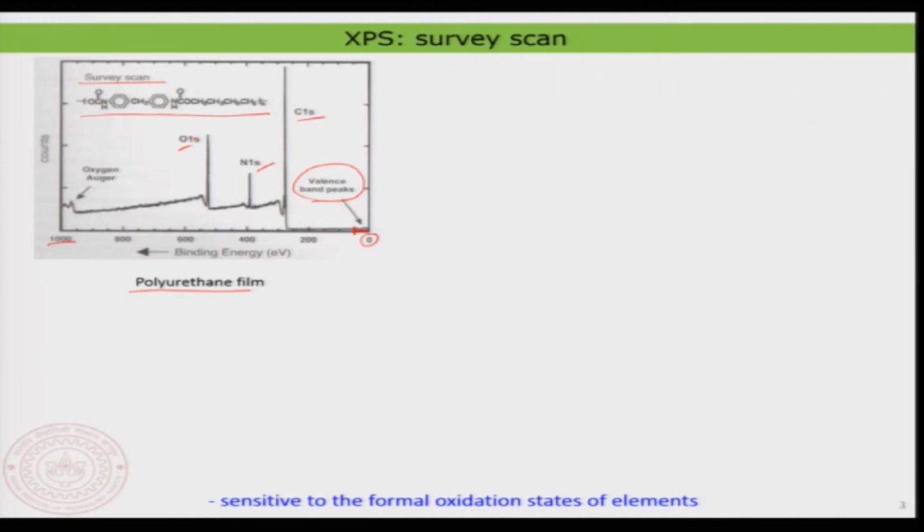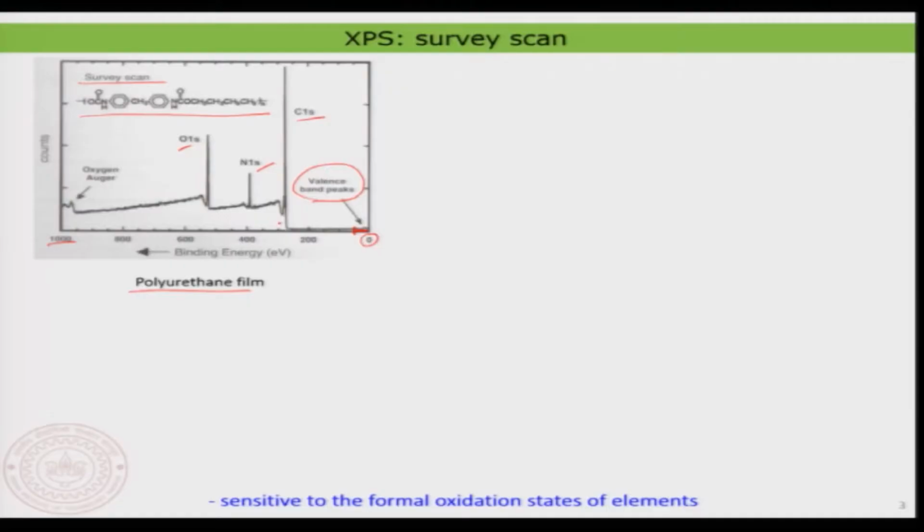But what is quite striking here is that the carbon peak is the most intense, the nitrogen is the lowest, and oxygen is of intermediate intensity. That clearly tells me that this is some kind of proportional chemical analysis. The carbon is the highest, that is what I expect, nitrogen the lowest, oxygen the intermediate.